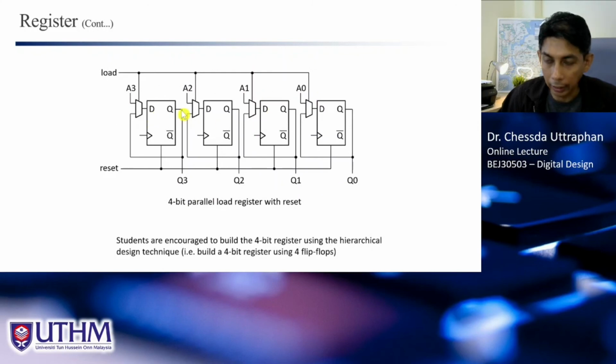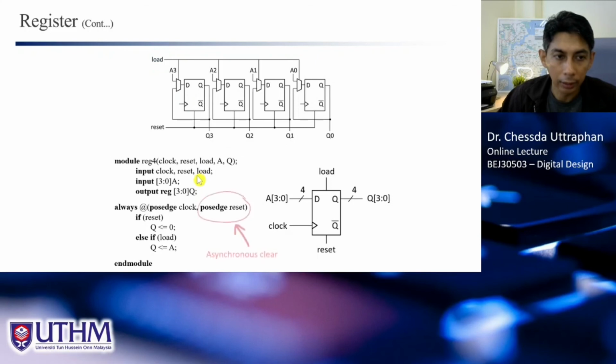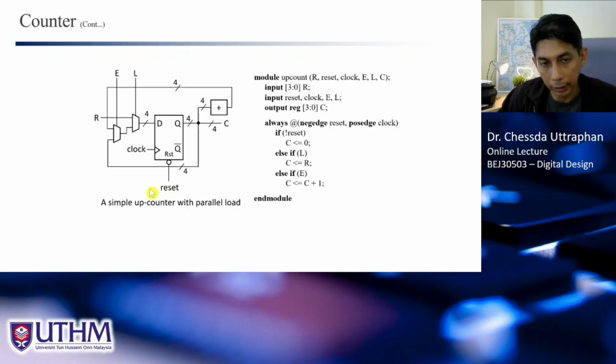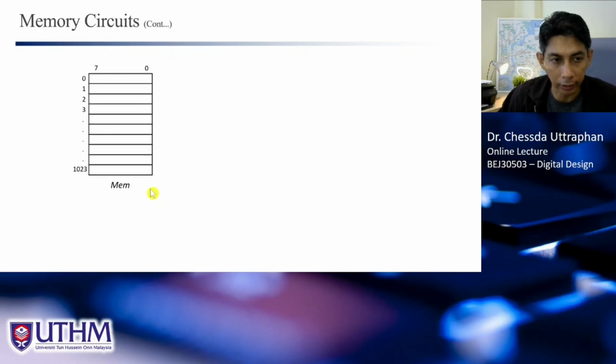This is actually synchronous write, where you need to activate the load signal in order to write any data into the register. But to read the content of the register, you can read anytime. So read anytime means asynchronous read, because it is connected to the output of the register. So the value here is always available, right? That is what is meant by synchronous write or asynchronous read. All right.